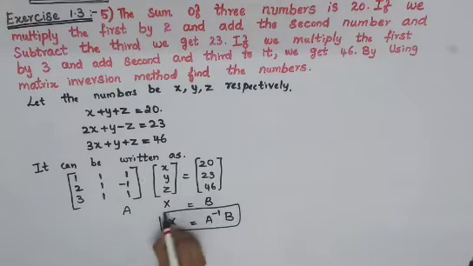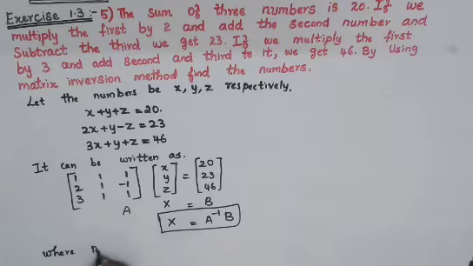So to find your A inverse, you've got a formula where we'll just declare first A is equal to your matrices: 1, 1, 1, 2, 1, minus 1, 3, 1, 1.